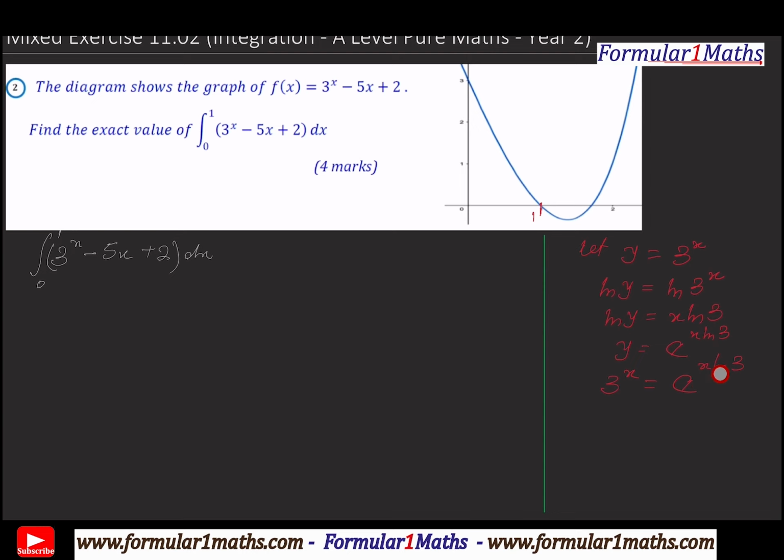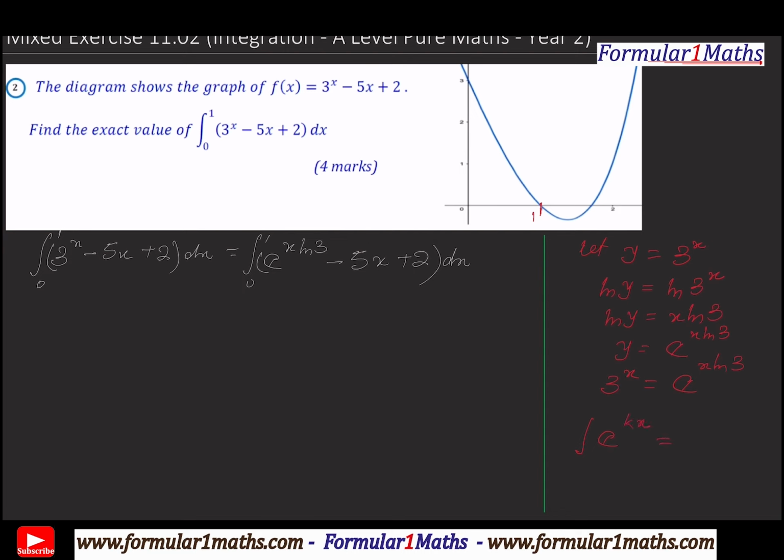So let's do that, and we are going to get the integral of e to the power x ln 3 minus 5x plus 2 dx.